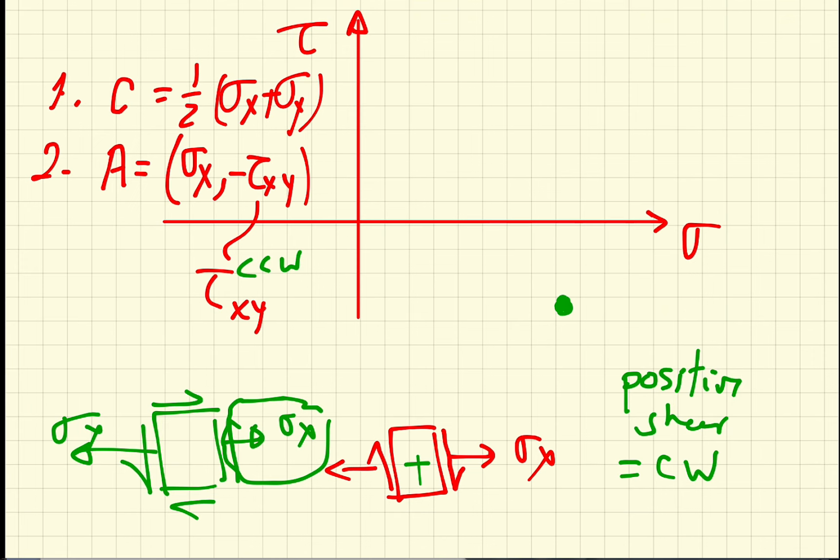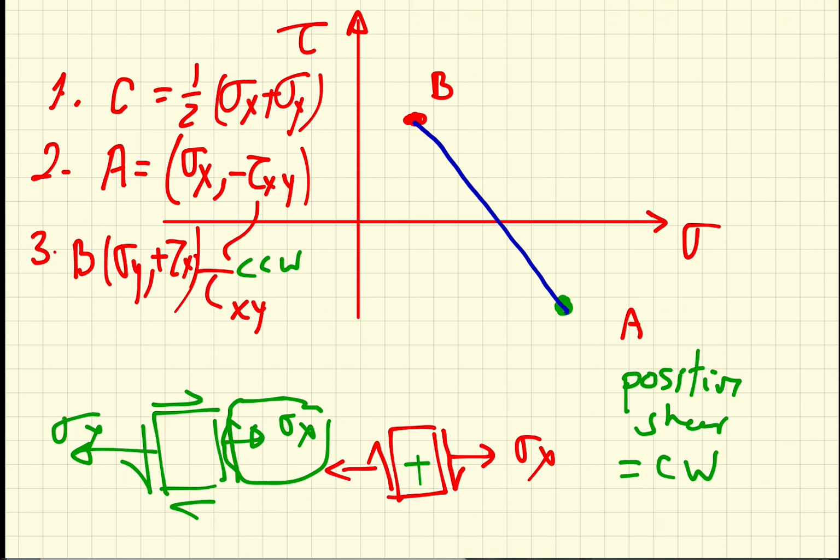The second point, point B, will have the coordinates of sigma y and positive tau xy. Positive tau xy, by our convention, is going to be clockwise. So we will have another point here. This is A and this is B. Now if we connect A and B, that will be the diameter of the circle, and the center of the circle will be the average value as we have in step 1.